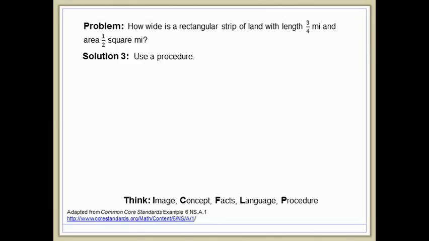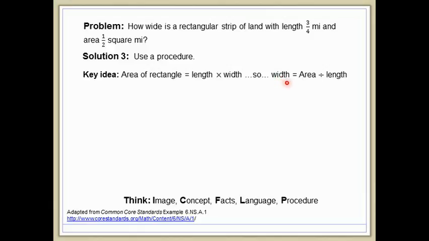Once we use a procedure, the first thing to do is identify the key idea in the problem. This problem is about area, specifically about rectangular area, and we know that area of a rectangle is the length times the width. Also implicit in the problem is the inverse nature of multiplication and division, because since area is length times width, that's the way students mostly remember area.